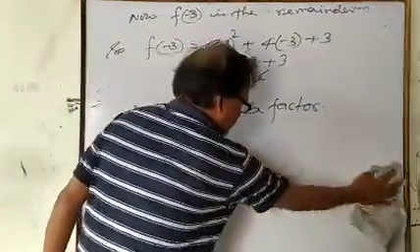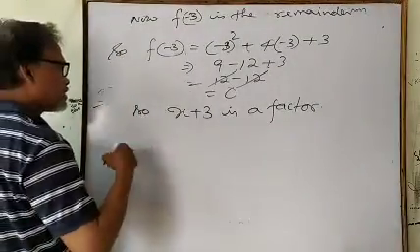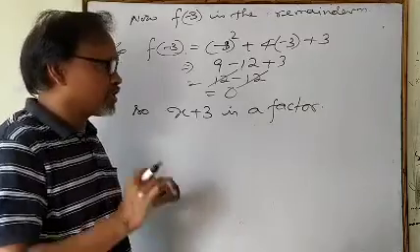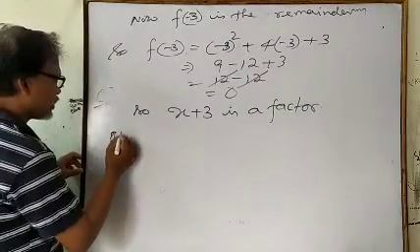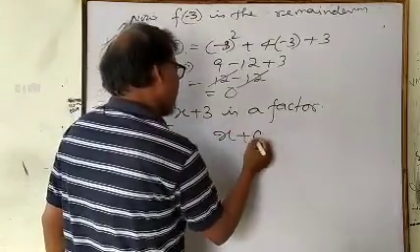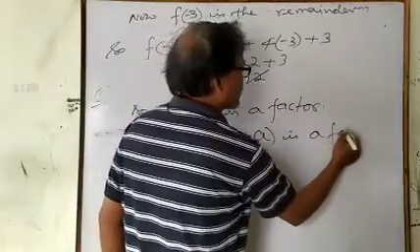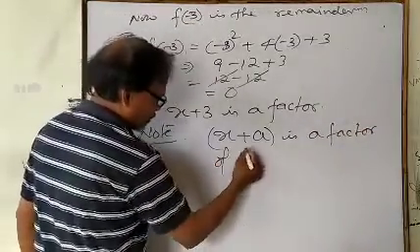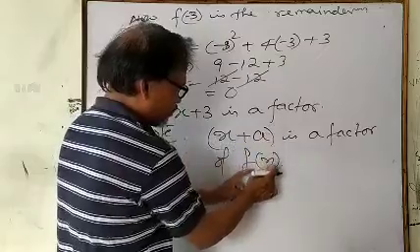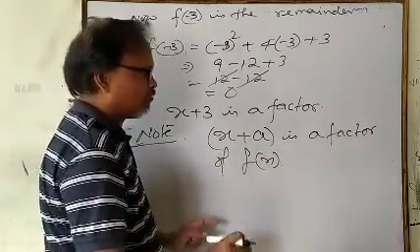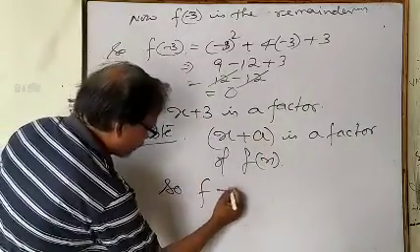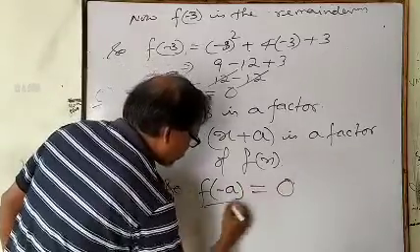Also, when in any question it is given that x plus a is a factor of f(x), it means that when you put x is equal to minus a, f of minus a will be 0 because it is a factor.